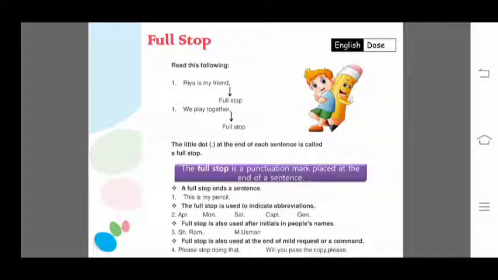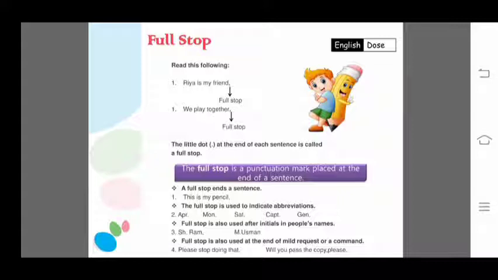Now let's see the second example. We play together. The first letter of the sentence, that is W, is capital. Why is it capital? Because it is the first letter of the sentence. And where is the full stop placed? At the end of the sentence.